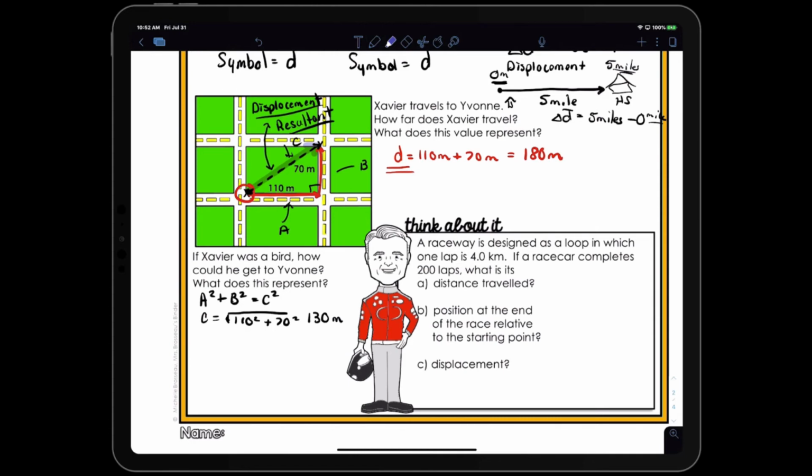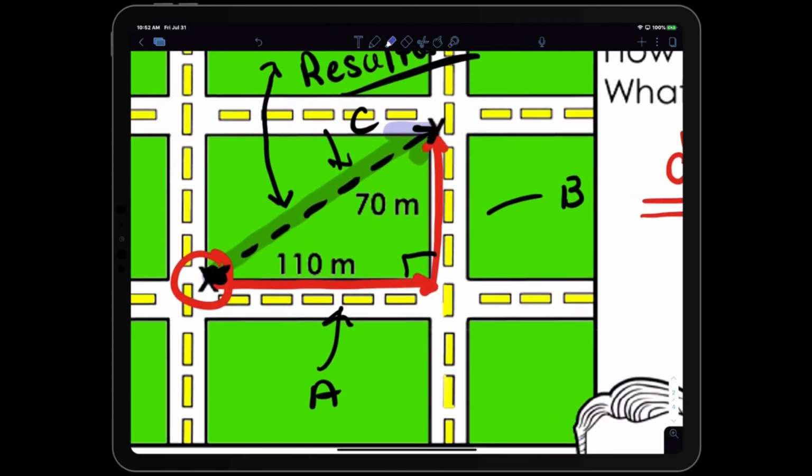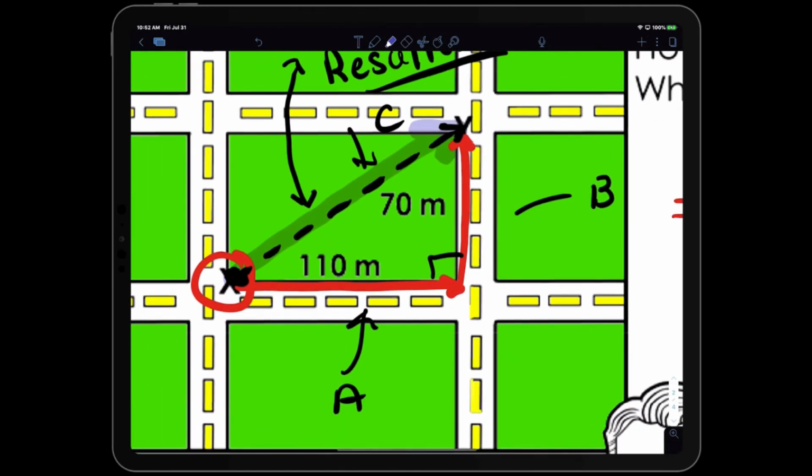We are going to spend a little more time on this, but I'm going to rush through this first one. What we want to do is think of this diagram as if wherever Xavier was standing is his eyeball that he's looking out of.